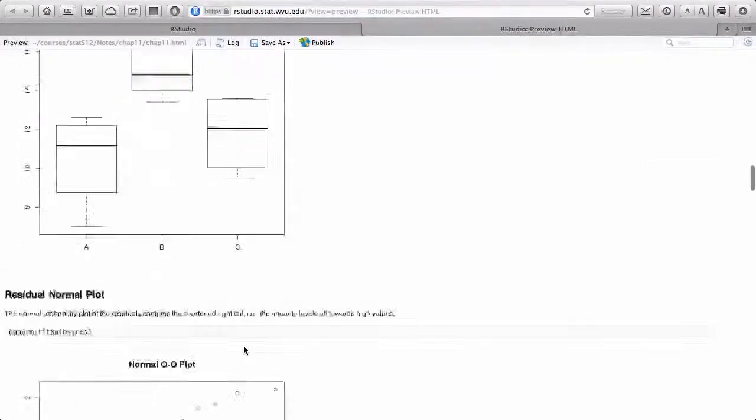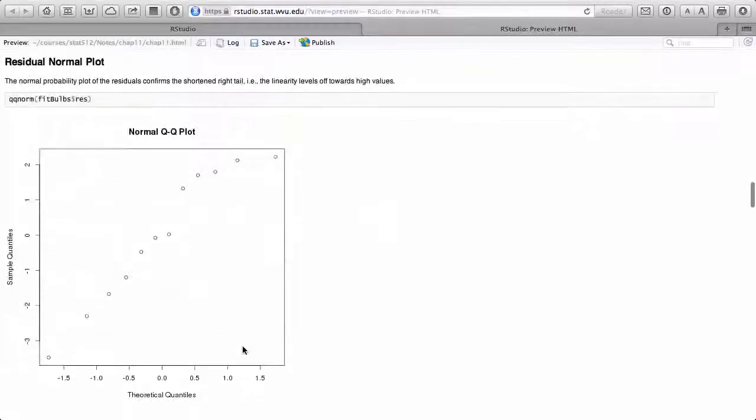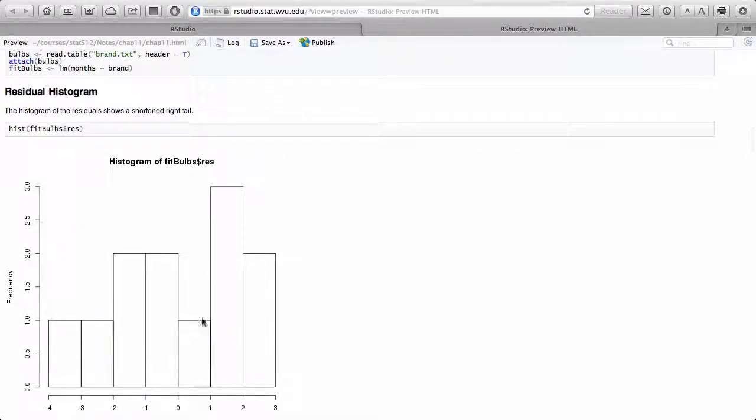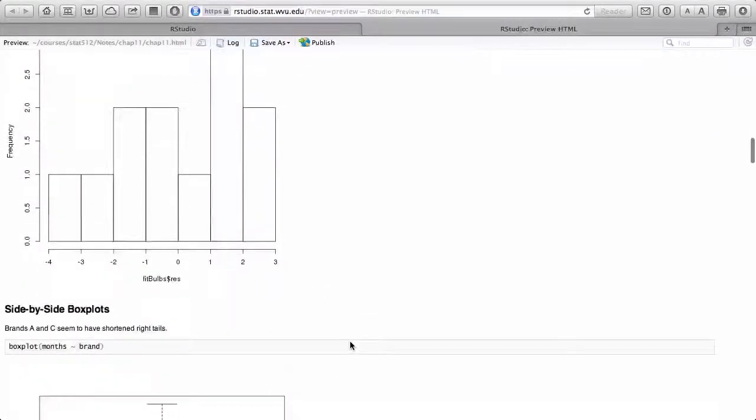So at any rate, the box plot is a very nice plot, and also the normality plot. These two plots right here, I think, are better than the residual plot. Now, if you're looking at the residual plot versus the y hat, that may give us some information, and we're going to get back to that point in a minute.